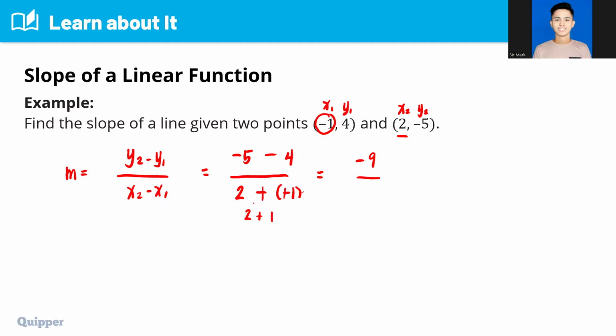So that means 2 plus 1, and 2 plus 1 is 3. We will just simplify. So our slope is -3 because -9 divided by 3 is -3. So this is the slope of the function, -3.